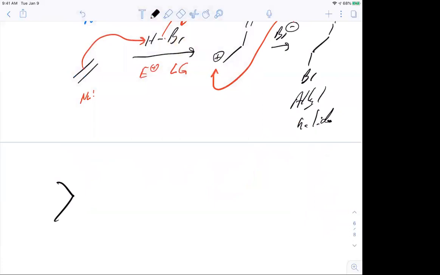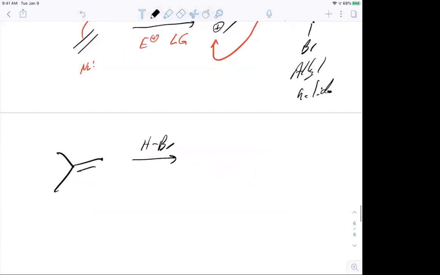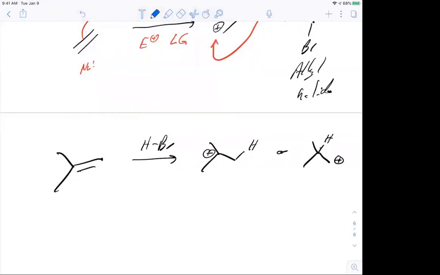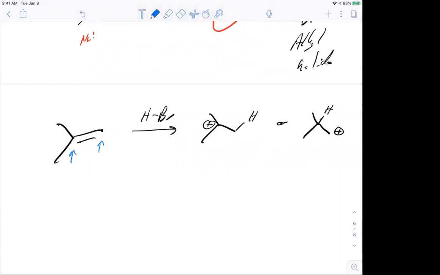So if we look at this substrate, I could either form this carbocation by adding the hydrogen here, or I could have formed this carbocation by adding the hydrogen there. Okay. So I have two sides where I could add the electrophile. So we're always going to have two sides where we can add the electrophile in alkene reactions.